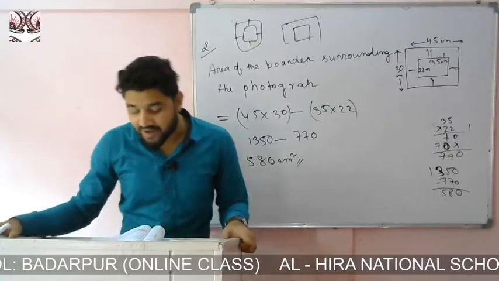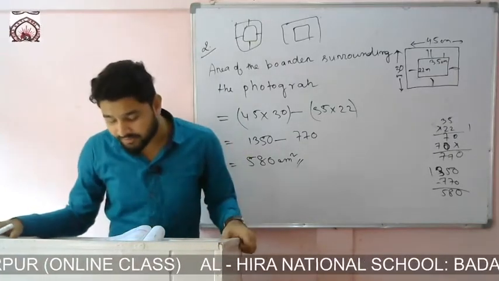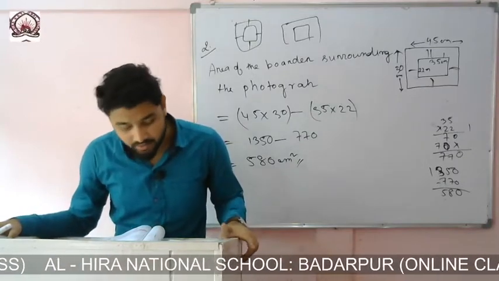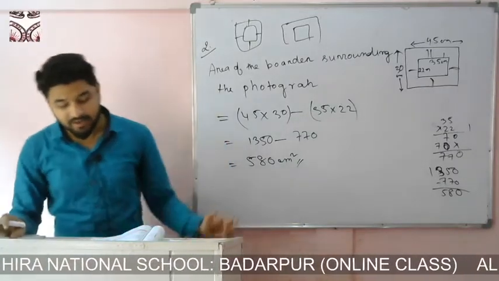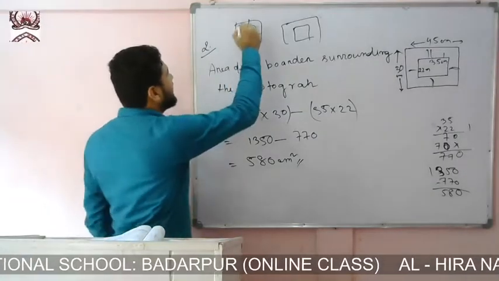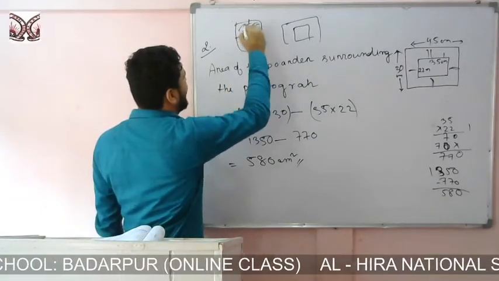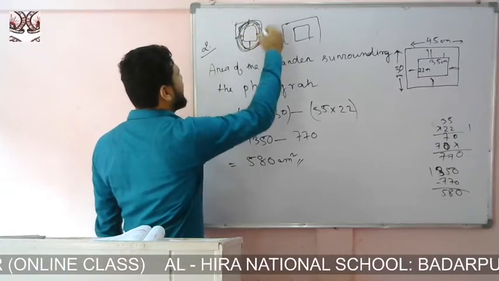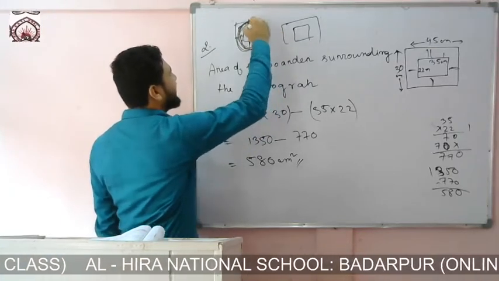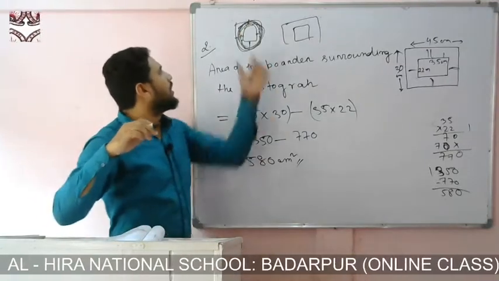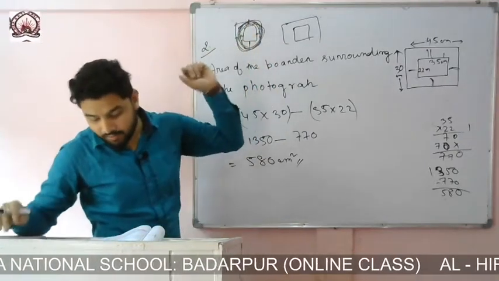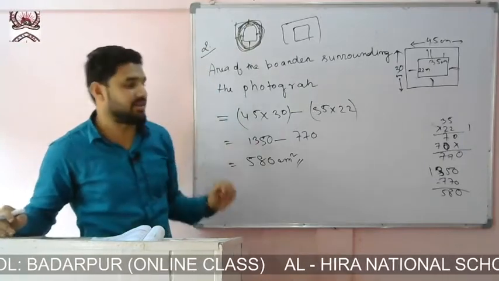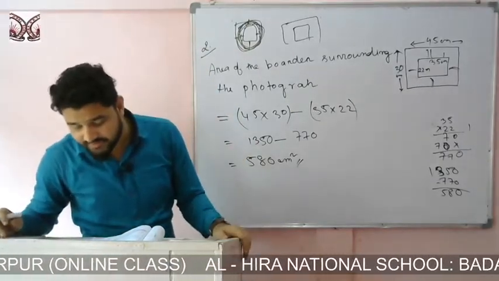Find the cost of cementing the floor of this veranda at the rate of 15 per square meter. That means you have to find the shaded portion, the floor portion. You have to find the area of this floor, and after that find the cost of this area at the rate of 15 per square meter.